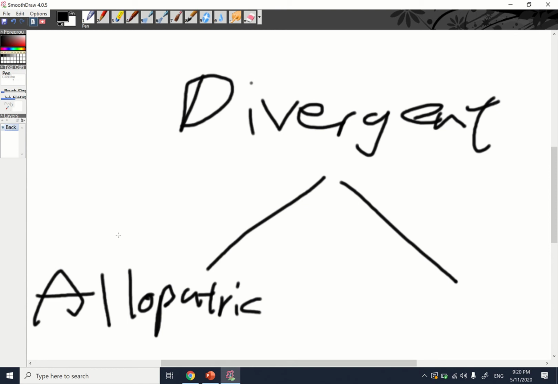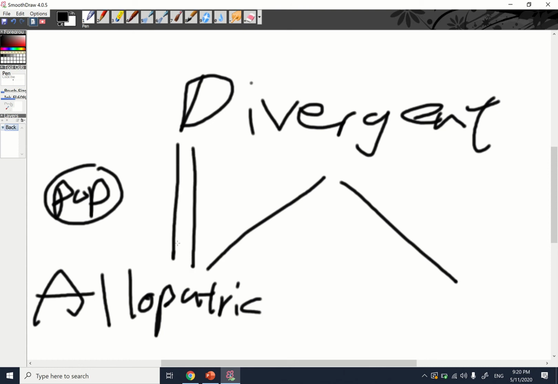Let's use the example of a river. In the beginning, there's an original population like this, but then a river came through between them, separating the population. So you now have one population on the left and one on the right, population A and B. And because of this, they're going to experience different selection pressures on different sides of the river.